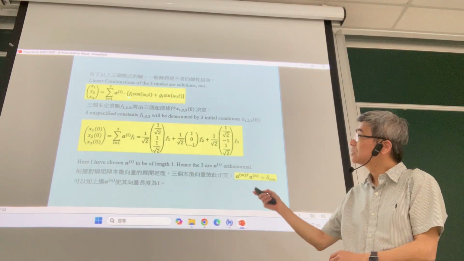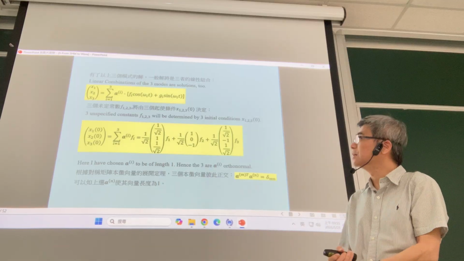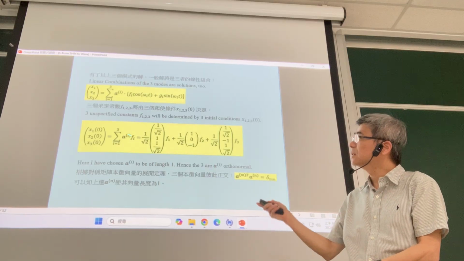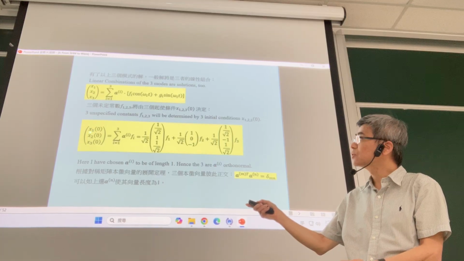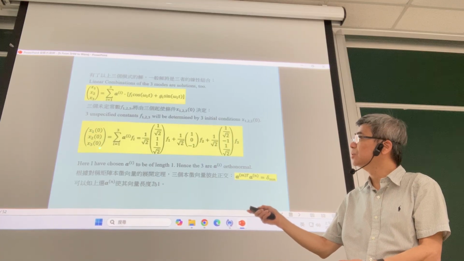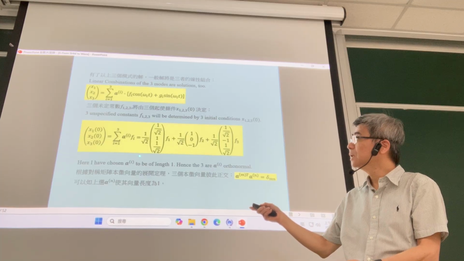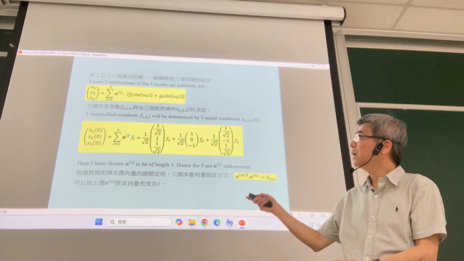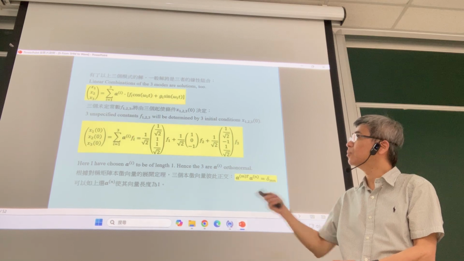Then you can adjust these constants so that it satisfies the initial condition. For example, if you give me x1(0), x2(0), and x3(0), I can write the condition. It is equal to A_i, this is known, times F_i, and sum over it.